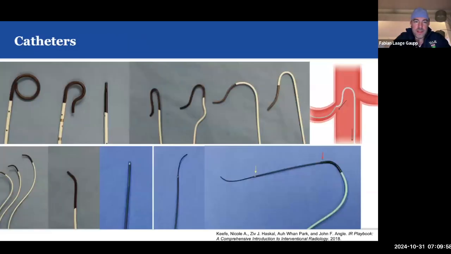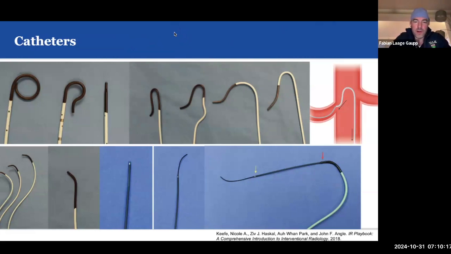Talked about different sheaths and dilators and different catheter shapes and sizes depending on what you're doing and what you're trying to achieve. You may need different catheters. And again, it's not like every IR uses all of these, right?